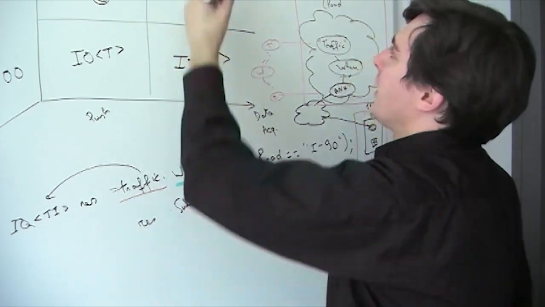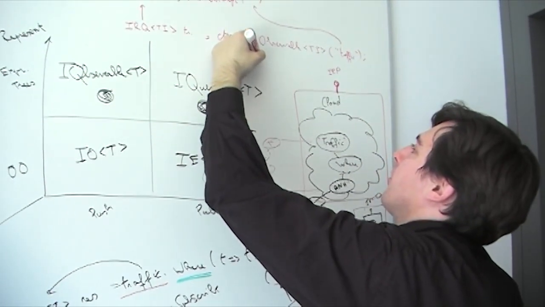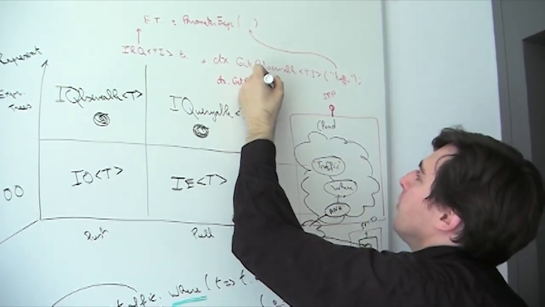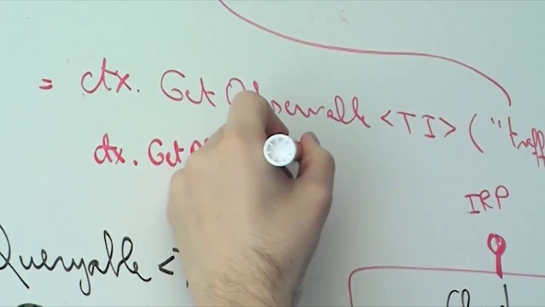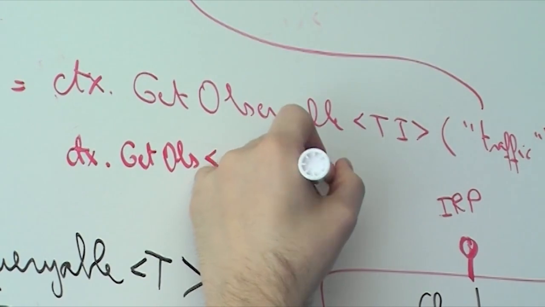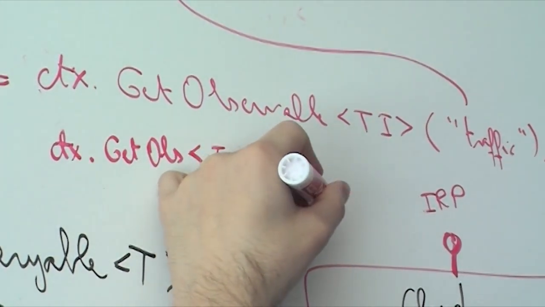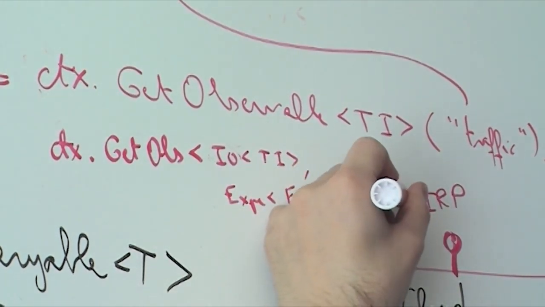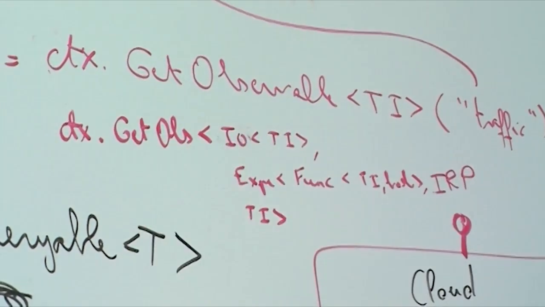Where is the same thing as doing context.GetObservable of traffic info, GetObservable of IObservable of traffic info, comma, an expression tree that contains a function from traffic info to Boolean, and that returns a traffic info observable.